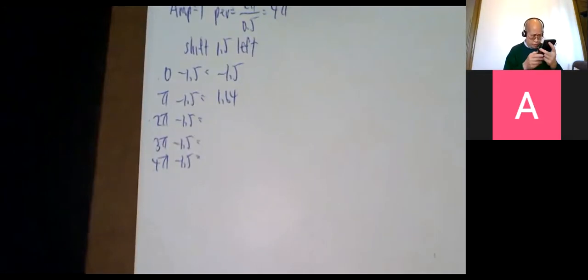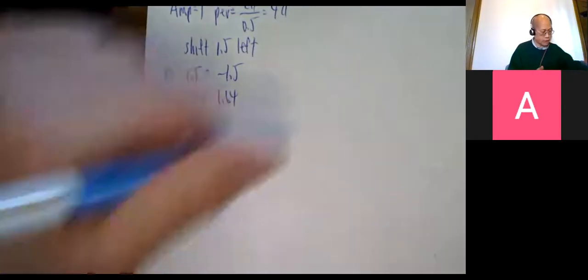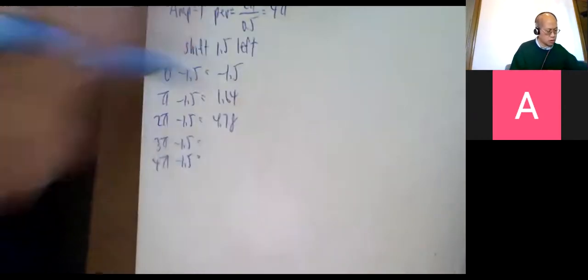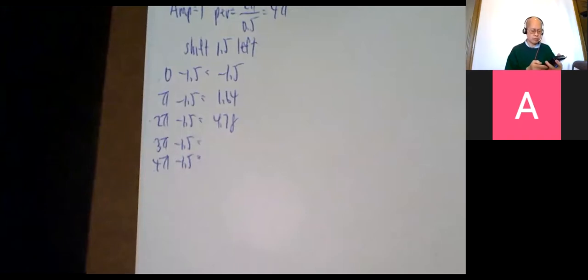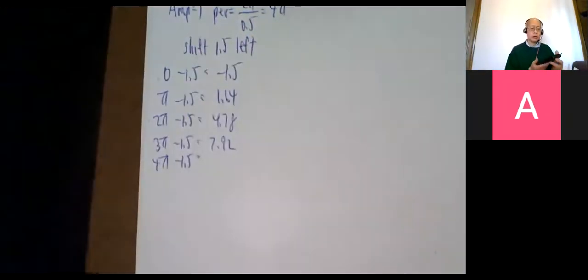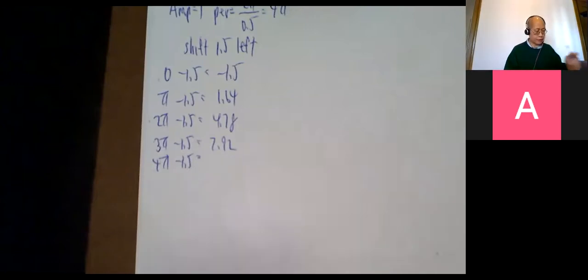And 2 pi, is that 4.78? And 3 pi minus 1.5, 7.92. And 4 pi minus 1.5, 11.07.